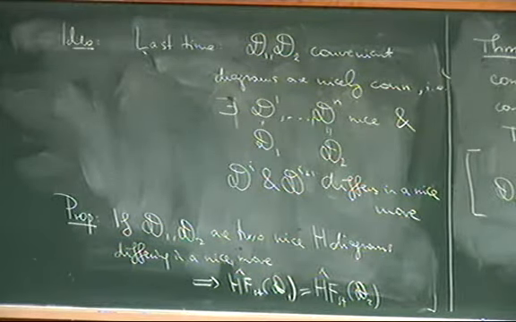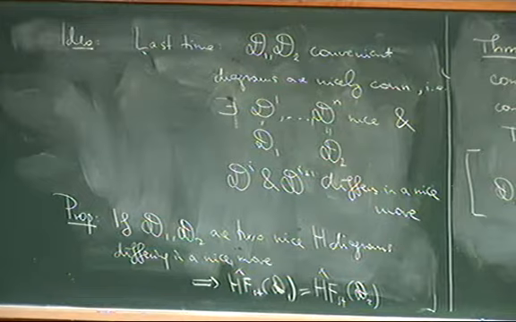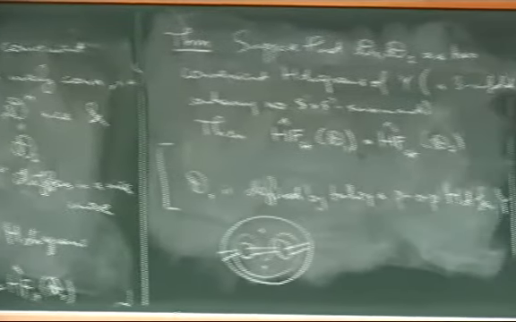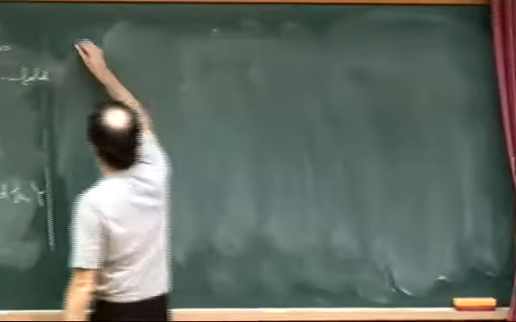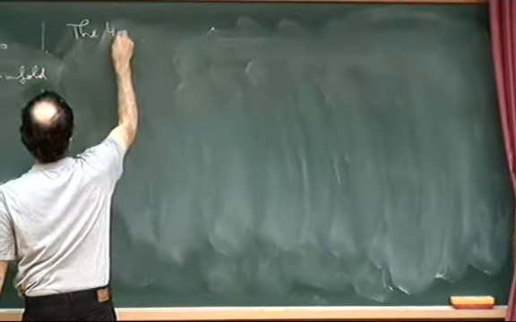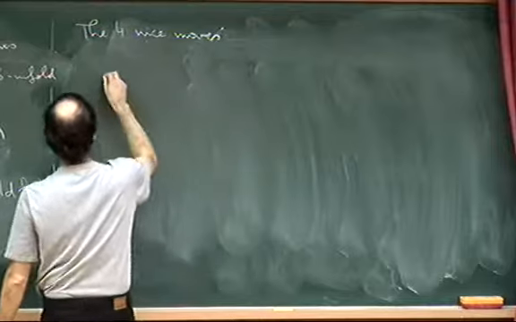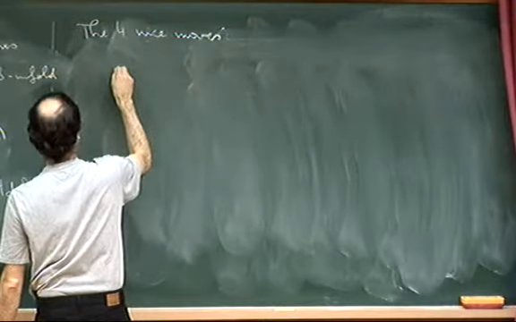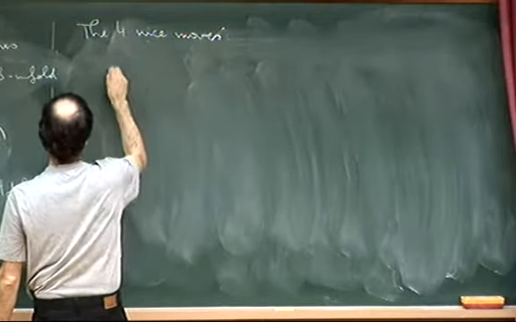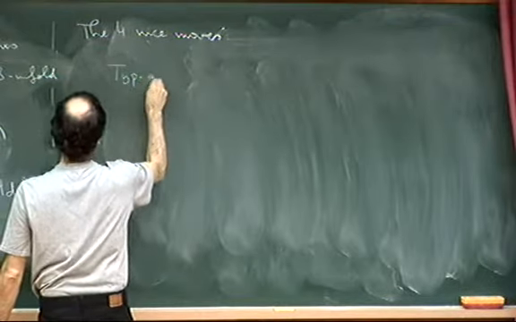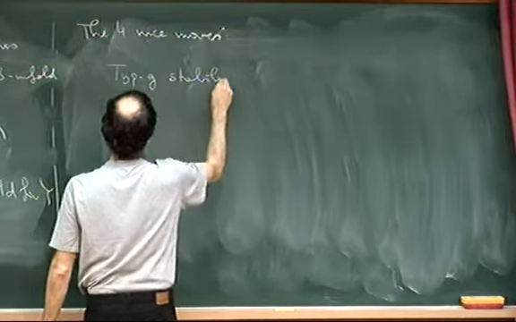And let me just remind you what the four moves are. So let me start with the type G stabilization.